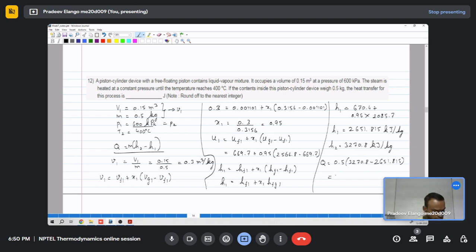So this is 309.49 kilojoule. We have already multiplied with mass. In the problem it is asked to give the answer in joules, so this will be 309,490 joules.